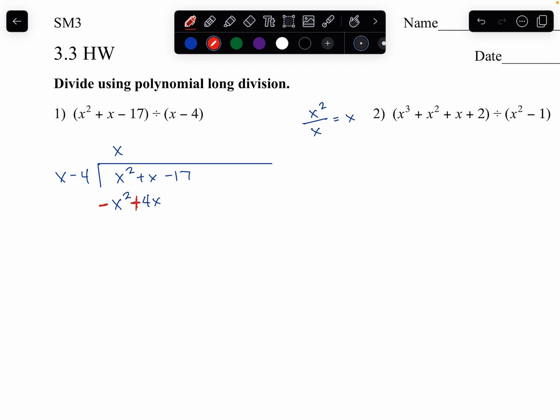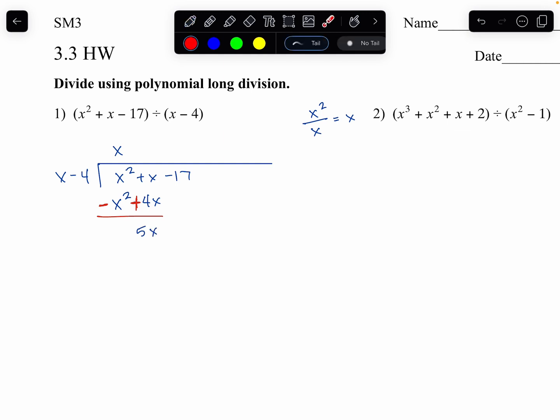So like that. And then I add these terms together. So I get x squared minus x squared. That's going to cancel and give me nothing right here. And then I have x plus 4x, and I can add those together to give me plus 5x.